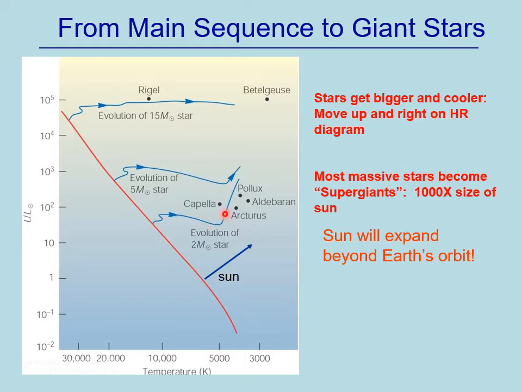Other stars, you can see, will follow different pathways from the main sequence to where they eventually live. And there are some stars like these, Rigel and Betelgeuse, that are supergiant stars. These stars can be as much as 1,000 times the size of our sun. And you can see several other examples of giant stars here. Giant stars are very common in the universe. We can see them across our galaxy because they are so bright.